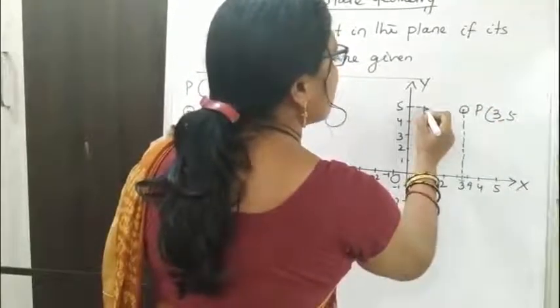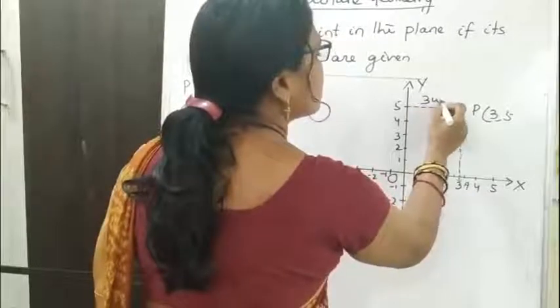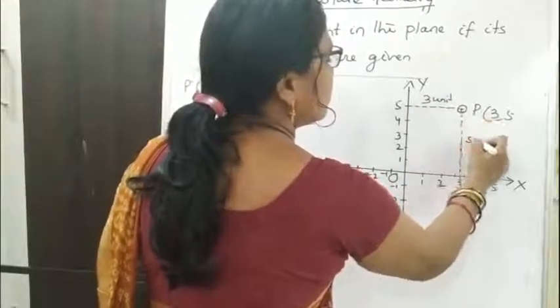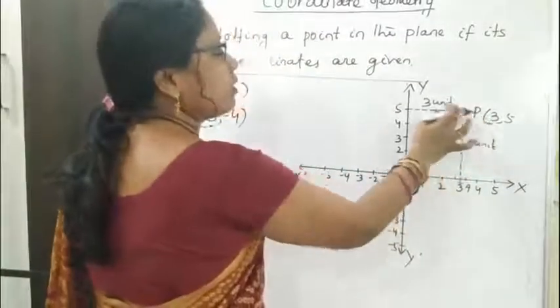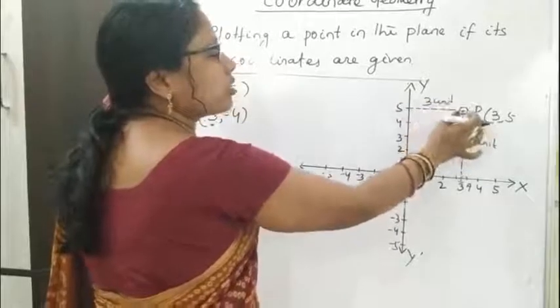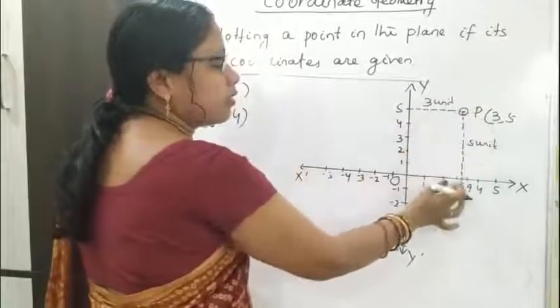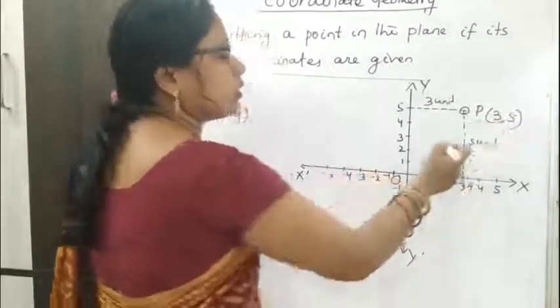If we draw the perpendicular lines like this, this is 3 units and this is 5 units. So the perpendicular distance of P from the y-axis is 3 units, that is the x coordinate, and the perpendicular distance of P from x-axis is 5 units, that is the y coordinate.